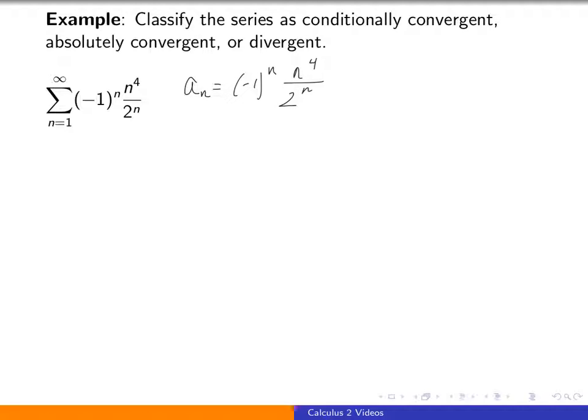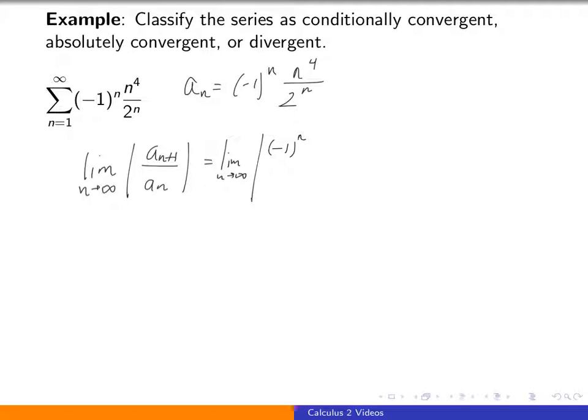So for that ratio test, we need to calculate the limit as n approaches infinity of the absolute value of a sub n plus 1 over a sub n. We look up at a sub n, and each of the three spots we see an n, we replace that with an n plus 1.